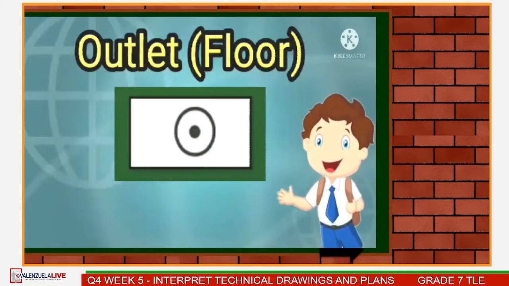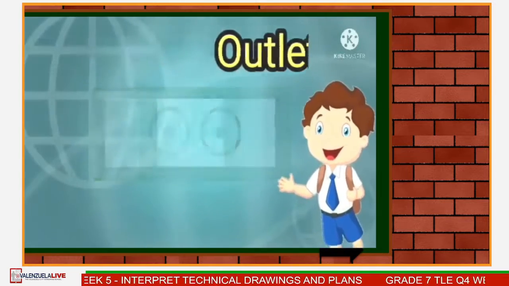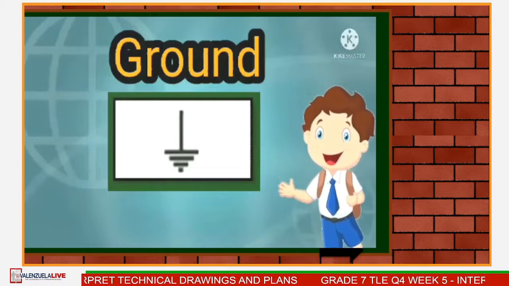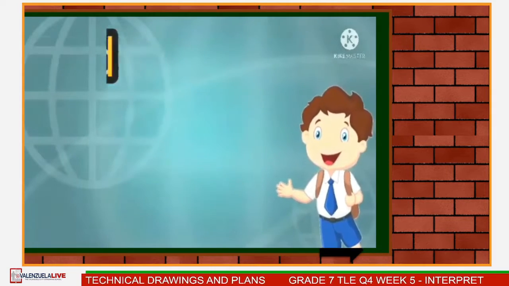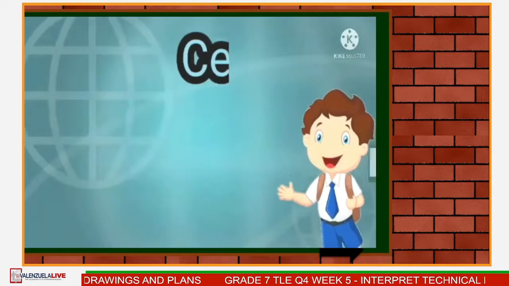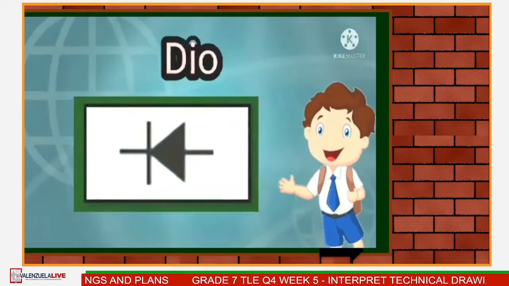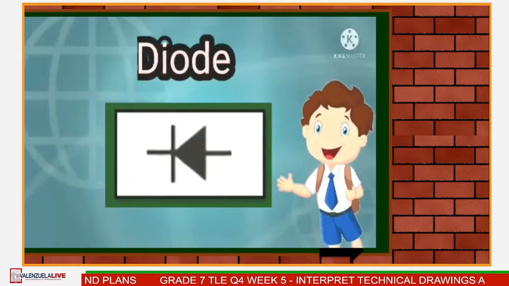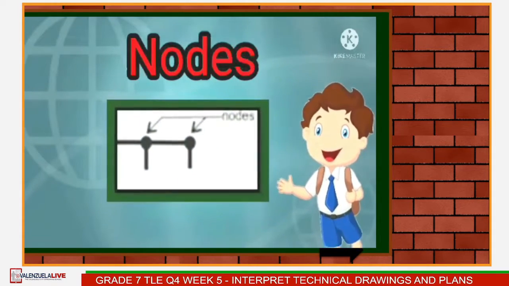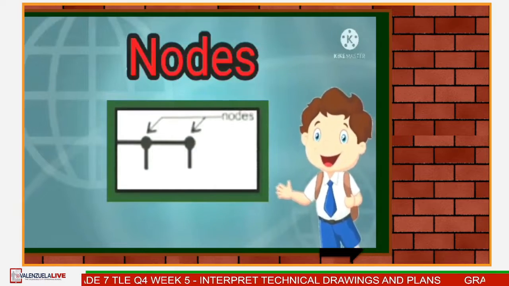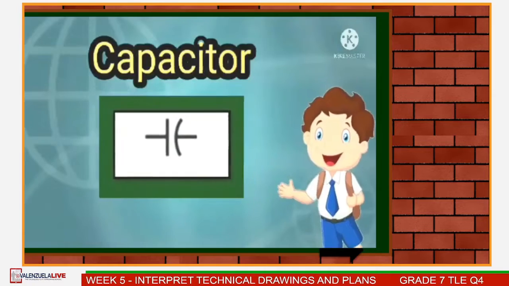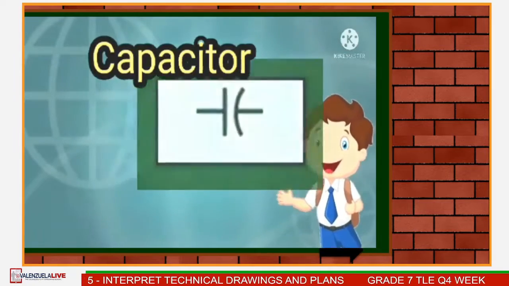A solid circle inside a circle. Ground, protection against electrical shock. Cell, starts electric current. Diode, allows current to flow in one direction. Nodes, a point at which two or more elements are joined together. Capacitor, it is used to store electric charge.